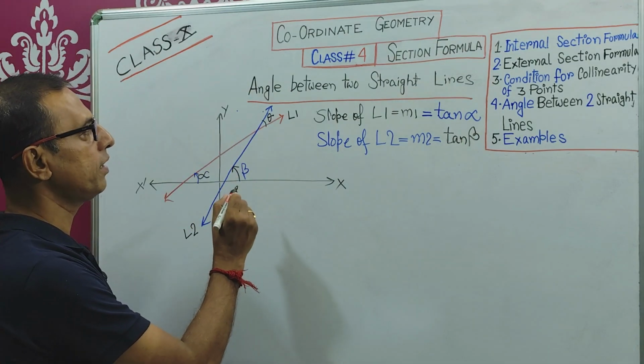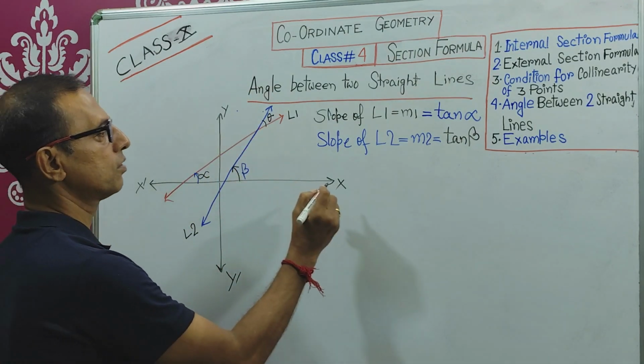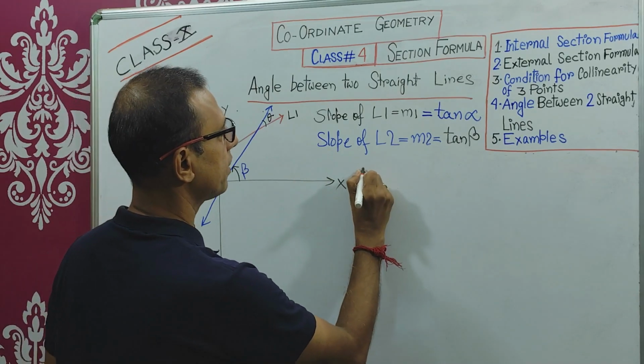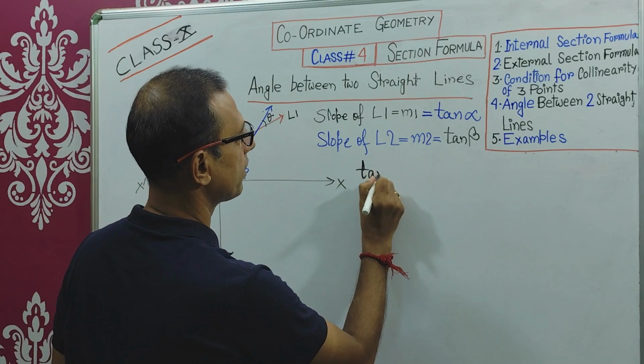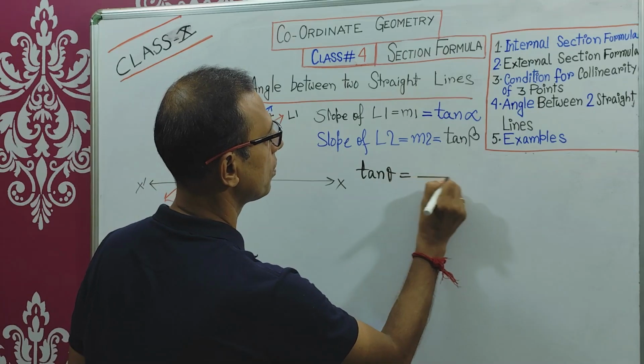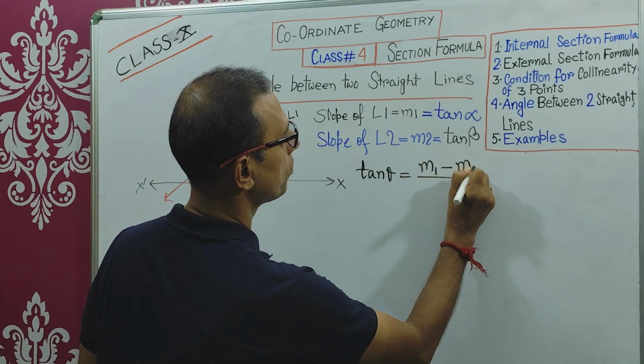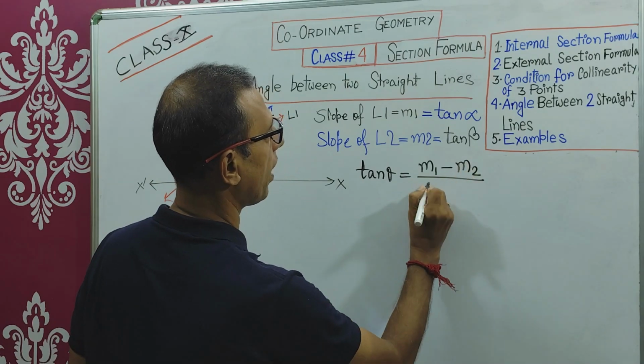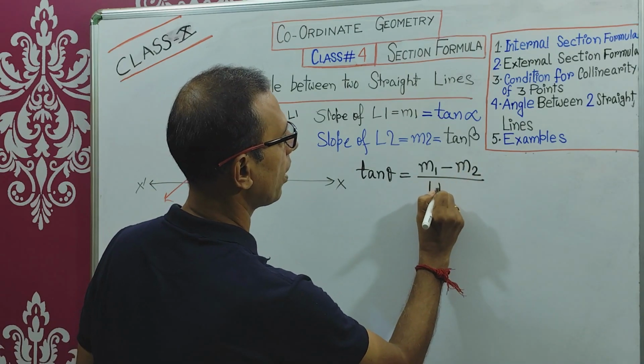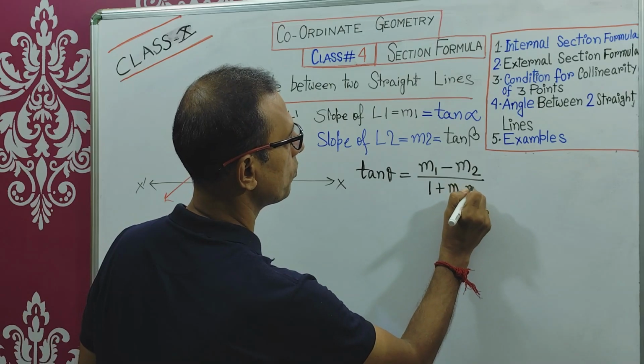So what will be tan theta? The formula is tan theta equals M1 minus M2 by 1 plus M1 M2.